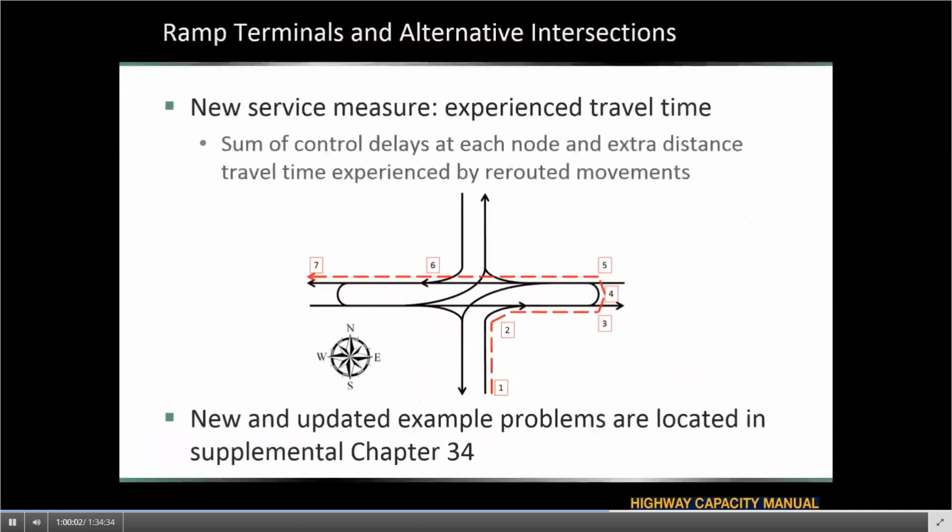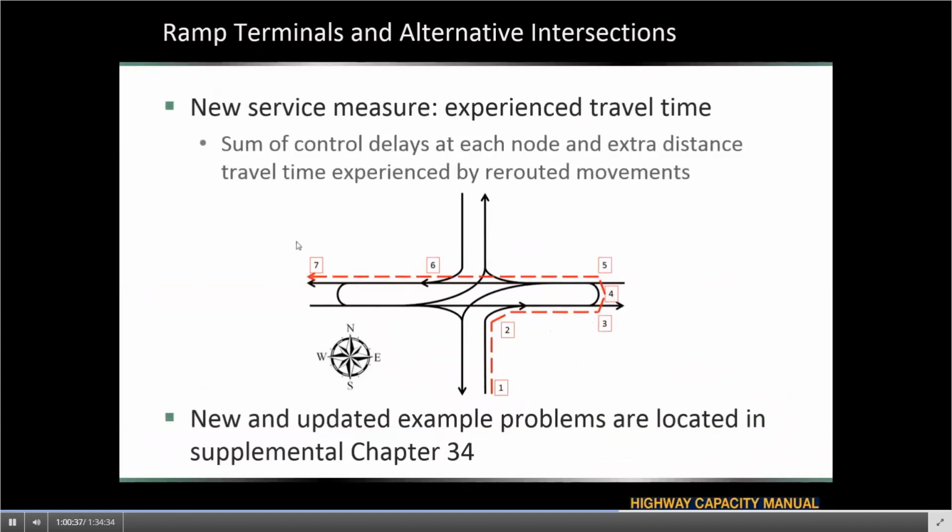What ties all these together is a new service measure being introduced called experience travel time. That really recognizes that a vehicle that, for example, in this case, makes a left turn from a minor street onto the major street at an RCUT, really has a series of maneuvers, starting with some control delay at point 2, some travel time between point 2 and 3 and 4, some potential control delay at point 4 to make the U-turn, and then additional travel time to leave the intersection area of influence at point 7.